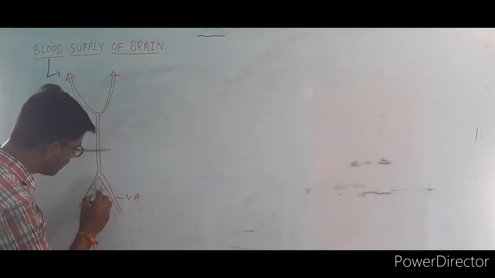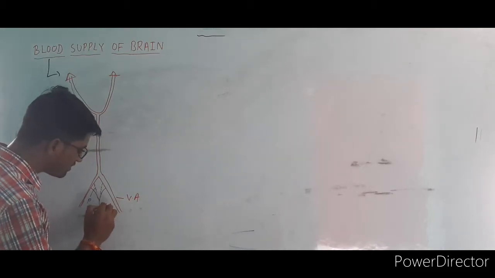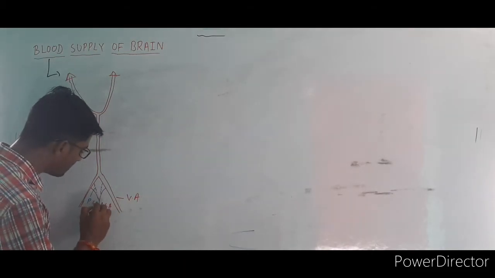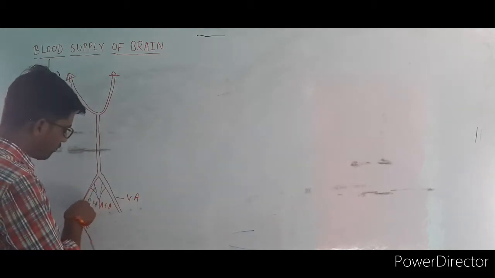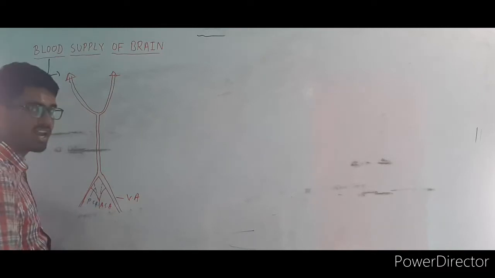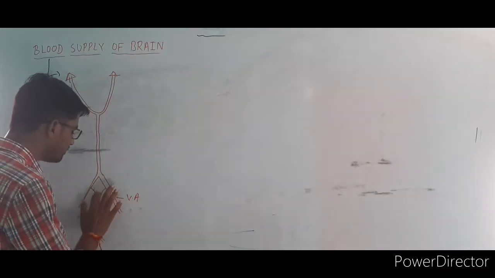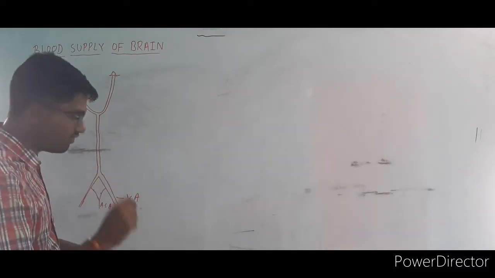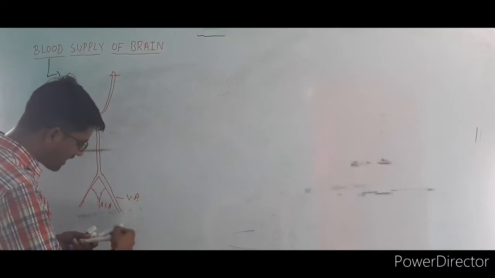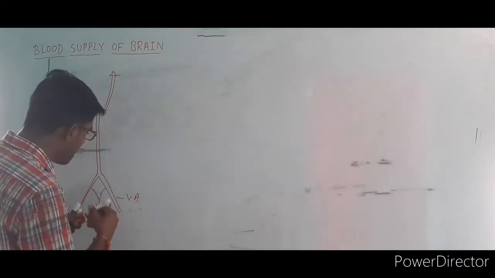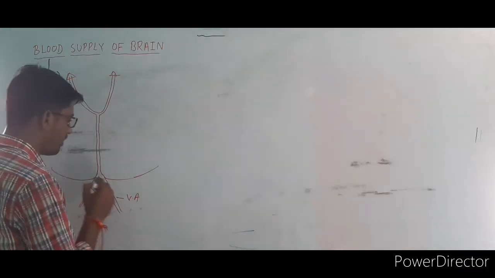Okay, so this is the anterior spinal artery, and this is the posterior spinal artery, right? Here is also one posterior spinal artery, two in number, and the anterior spinal artery. Okay, so this posterior spinal artery, just leave it. Okay, one artery from this vertebral artery, and that is called what? PICA. This artery is called PICA. What is the PICA?